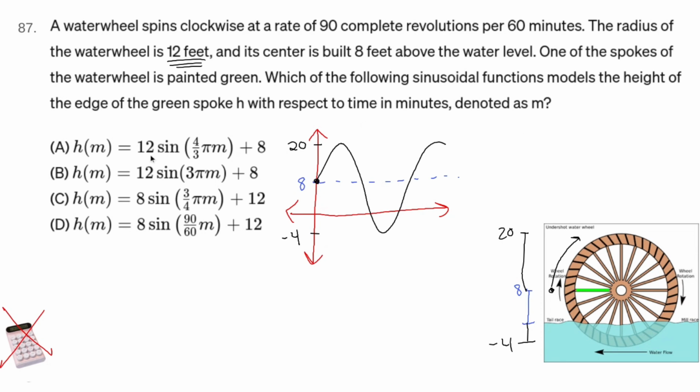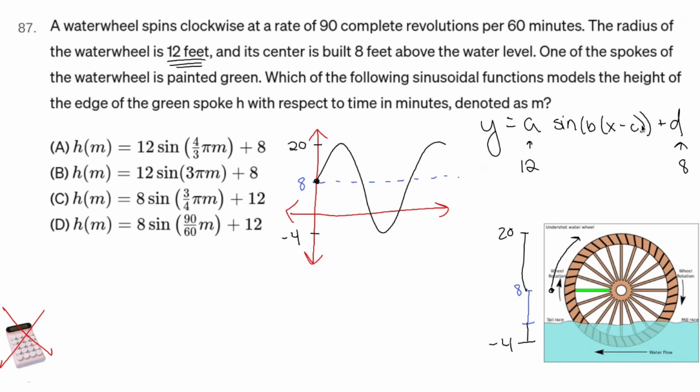If I'm trying to write an equation, I'm comparing it to y equals a sine of b times the quantity x minus c, plus d at the end. Now, what's what? Well, my amplitude I already know, so my amplitude is 12. My midline I already know.